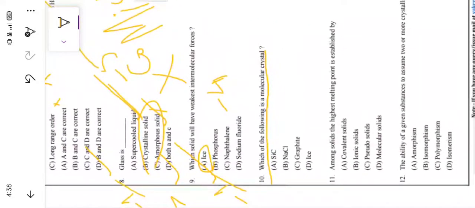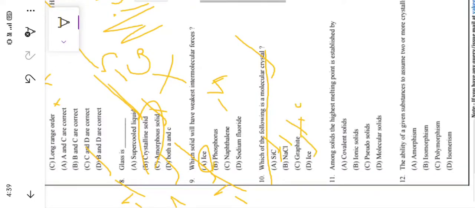Which of the following is a molecular crystal? Silicon, this is a molecular? NaCl is ionic. Graphite is covalent.